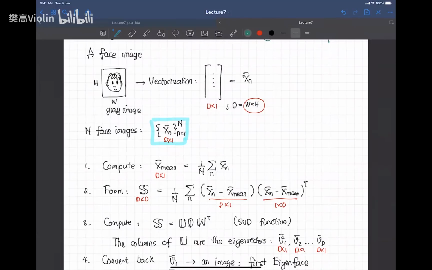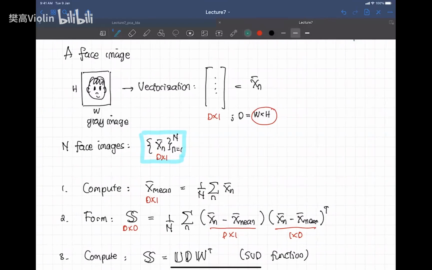And that is one of the main drawbacks of these eigenfaces. So basically, this one is what most people do. But if you want to do it in that way, it's also fine. It's not wrong, but you have to be consistent.